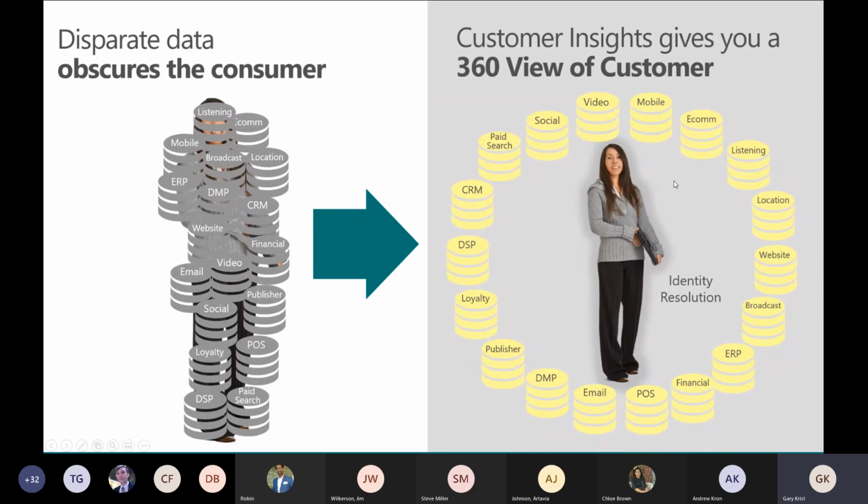I know that nowadays that's a big word, a 360 view, but truly within Dynamics Insights, it is pulling that together. And I think you could see earlier as it blended that data from all the different sources for us so that we could see it all in one place and actually act on it.